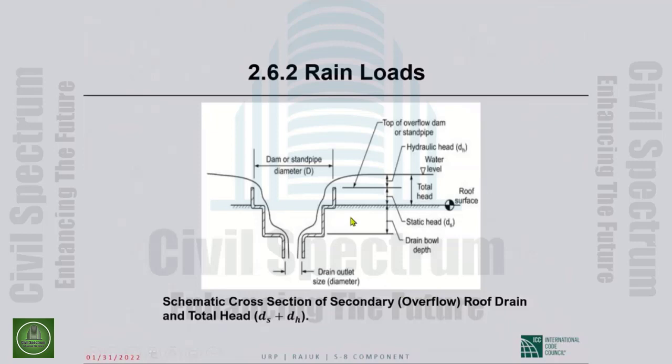so a secondary drain could be as shown in the picture. Okay, primary drain would probably not have this dam kind of thing. So a primary drain would be just that on the floor of the roof. A secondary drain would look something like here. So the language tells you that.